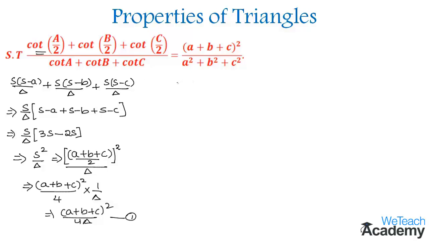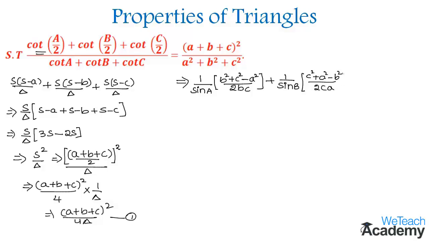By taking sine A as the common factor, we get 1 by sine A into the value of cos A, which is b square plus c square minus a square divided by 2bc, plus similarly 1 by sine B into the formula of cos B, which is c square plus a square minus b square divided by 2ca, plus the value of cot C, which we can write in the form of 1 by sine C into the formula of cos C, which will be a square plus b square minus c square divided by 2ab.